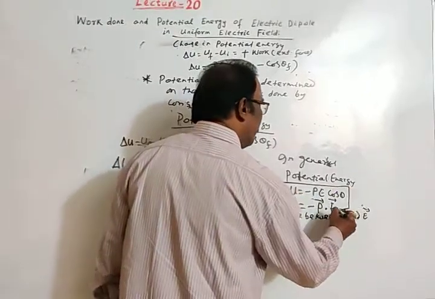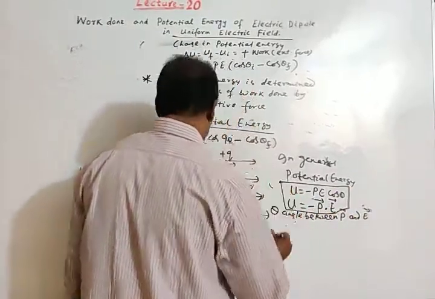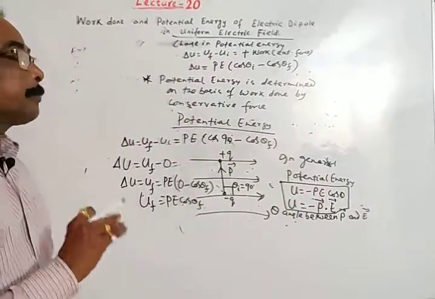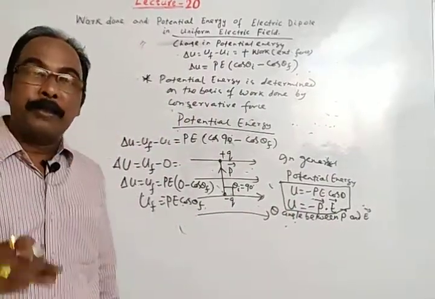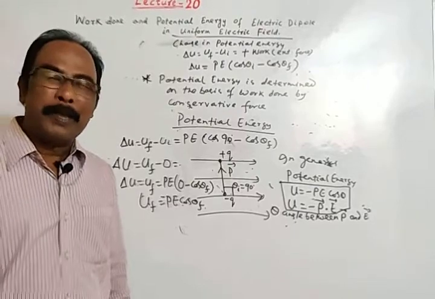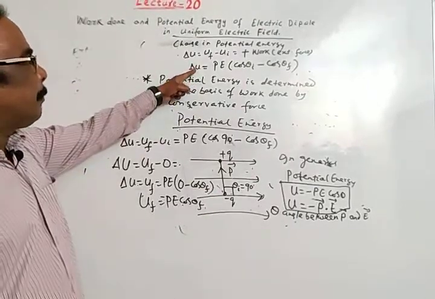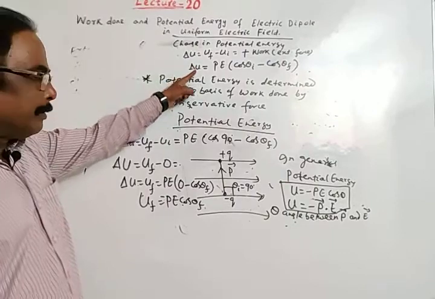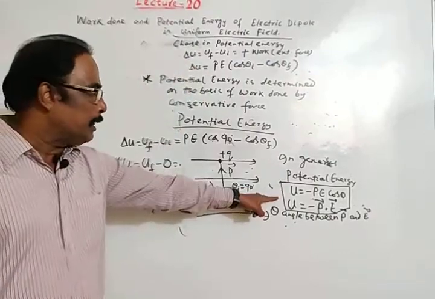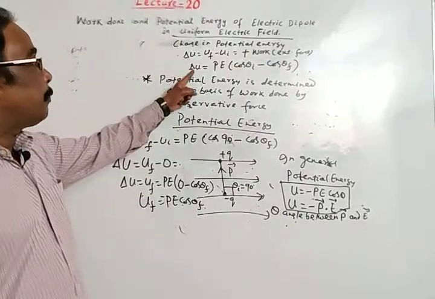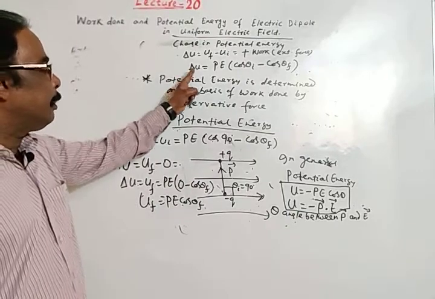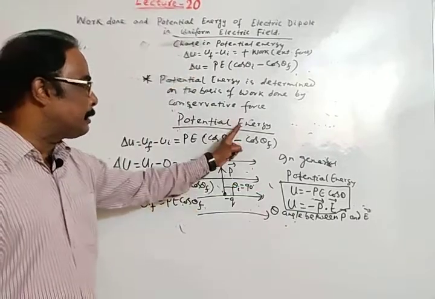You can find this in your book, but concepts like the dot product of torque and d theta are usually not mentioned in the book. You should know it. So this is the formula for change in potential energy, and this is the formula for potential energy.